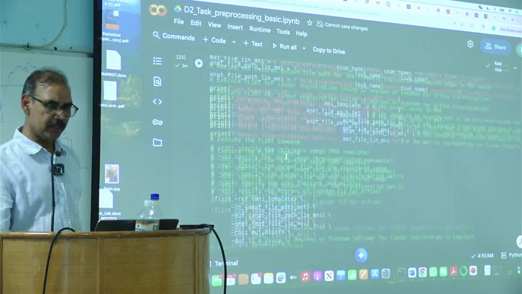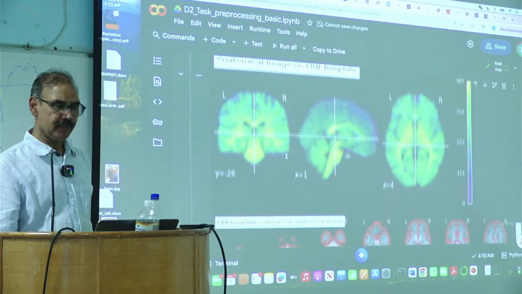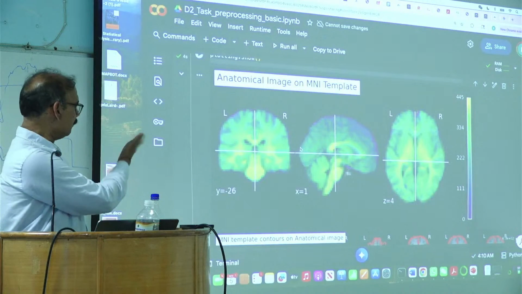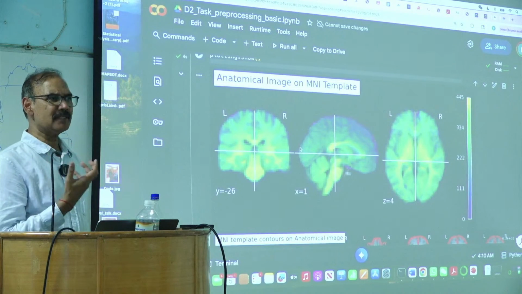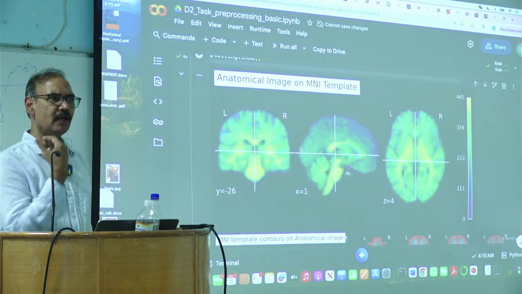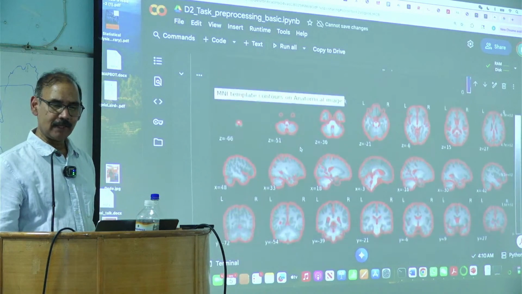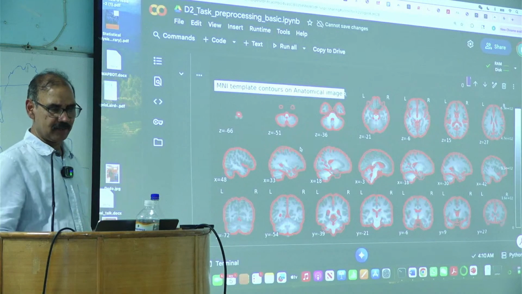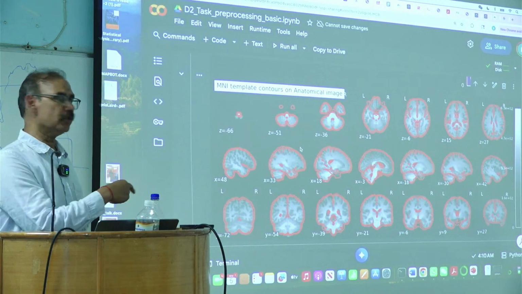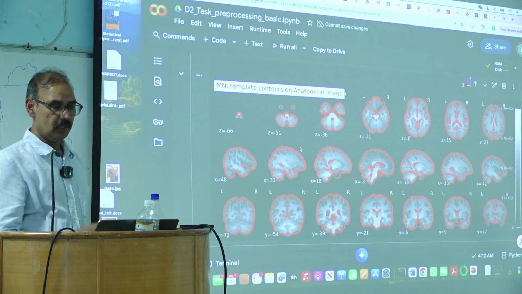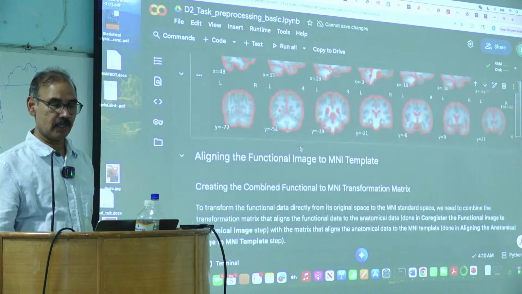And so what we are doing now is that after we do the registration, this one looks fine, but it's a little hard to say whether it did a good job or not, right? So visually, it's a little easier to plot the contour of one on the other, to see how it looks. Okay.